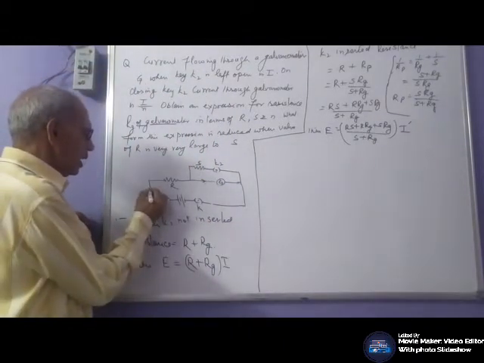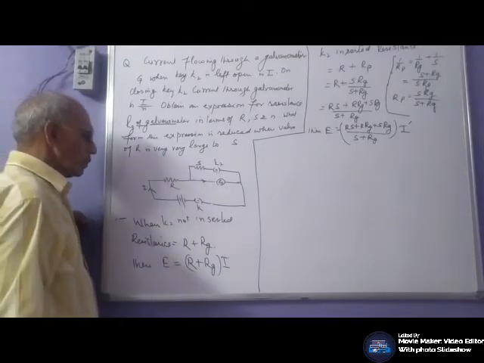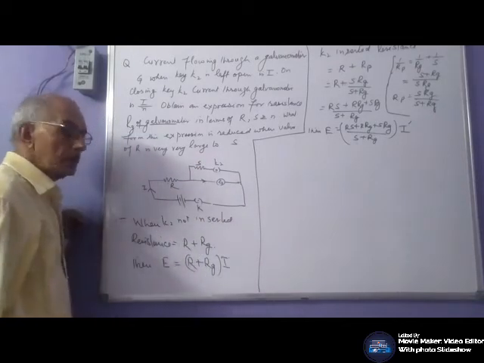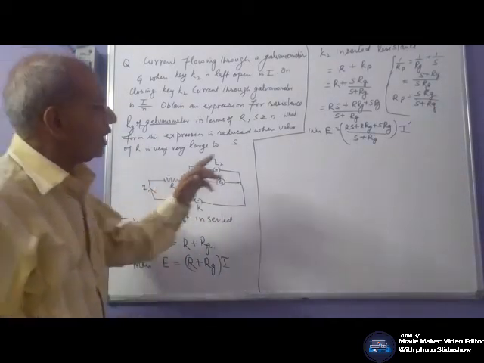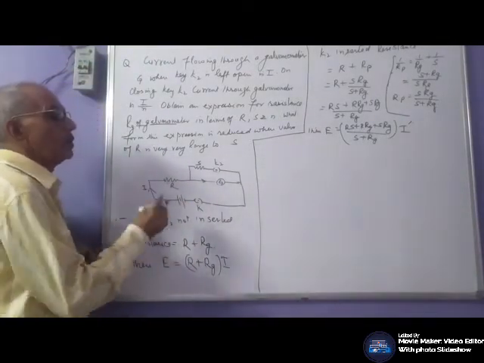This was current I, here was I when K2 is not inserted. Now the current is I dash, here it is I dash.